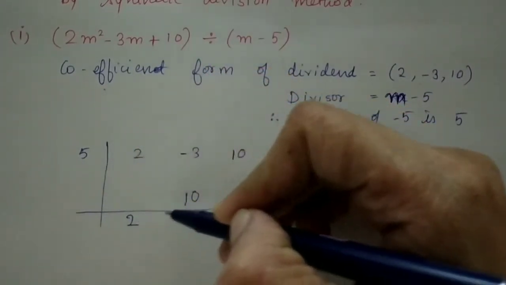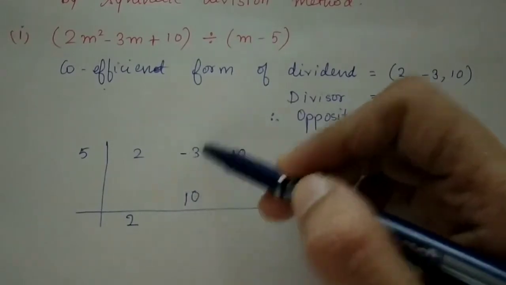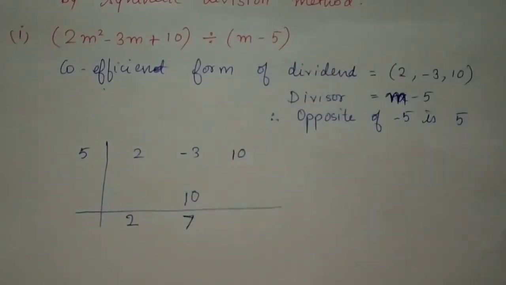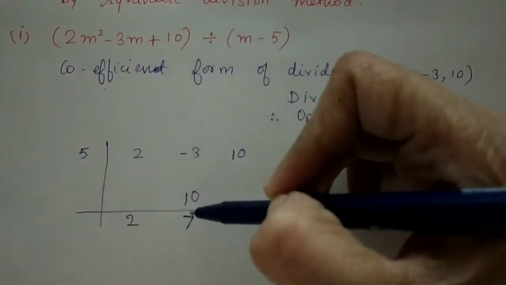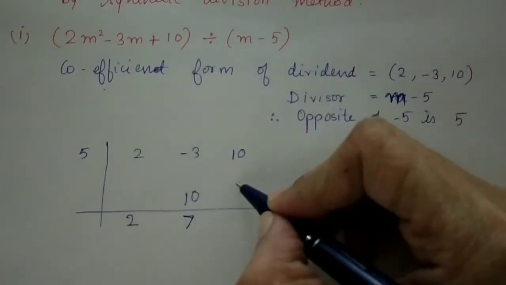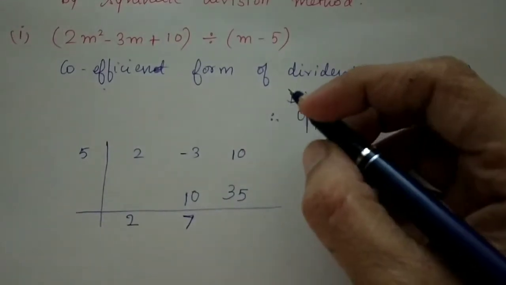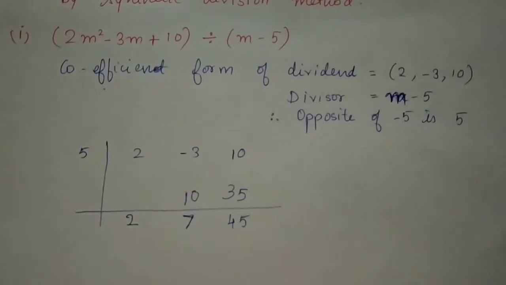Now after writing this, you will solve: 10 minus 3 is 7. Now 5 into 7 we will do. 5 into 7 is 35, which we'll write down here. And 10 plus 35 is how much? 45. So that is what we write down.